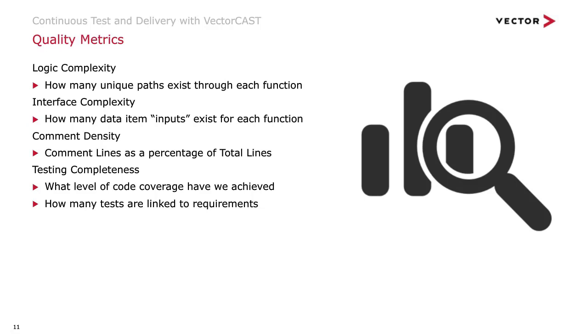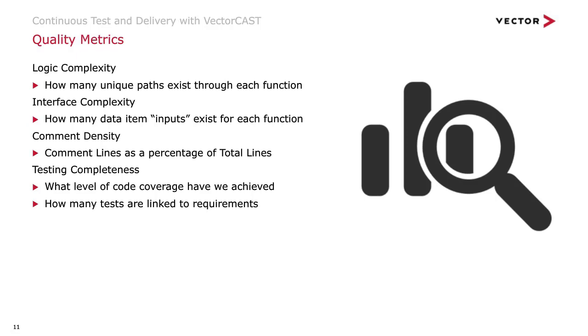So at a minimum, we want to make sure that we are completely testing all of the code. And of course, what we'd eventually like to go to is not just testing the code itself, but ensuring that the code meets the requirements. So it's the code coverage as well as the requirements coverage that's very important with regard to testing completeness. Have we tested all of the code, and have we tested all of the requirements? All right, so those are some quality metrics that we can track.